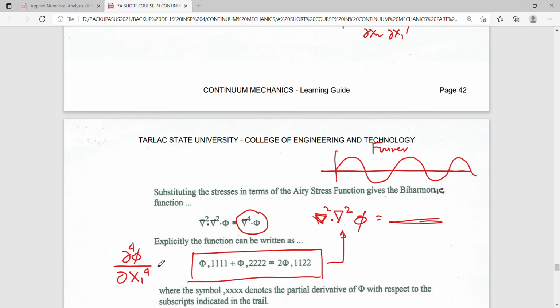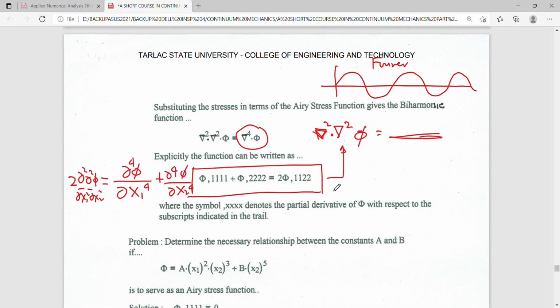Okay, something like that. Then plus the partial derivative of phi, with respect to... And then this is equal to 2 times the partial derivative of phi with respect to x1 squared, and this is x2 squared, something like this.